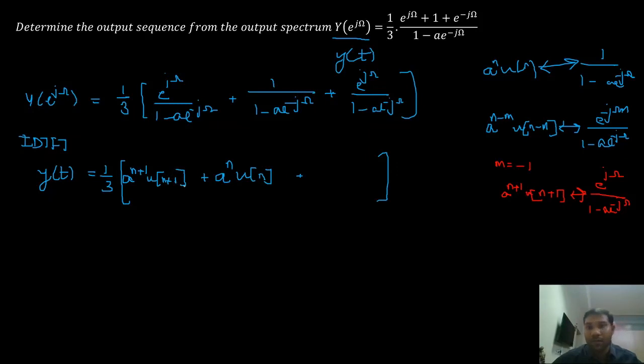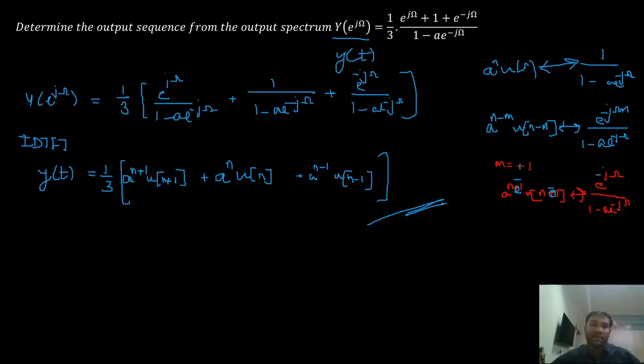Now if I put m equals plus 1, what will happen? This is going to become minus, and I'll have a negative sign here. So that is nothing but my third term. So a power n minus 1 into u of n minus 1.